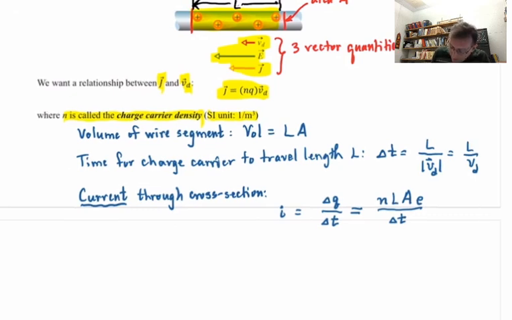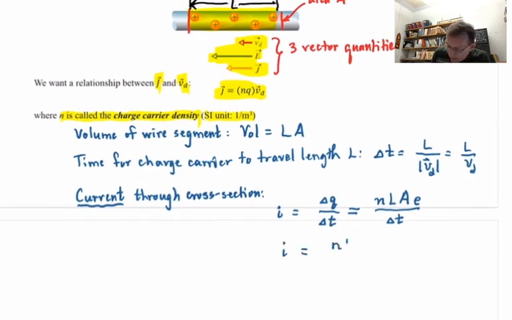Let me now substitute in my expression for the delta t as L over Vd. The L's cancel, and the Vd goes upstairs, so I have n, A, e times the drift speed. I've got an expression for the current. And then I can talk about the current density.